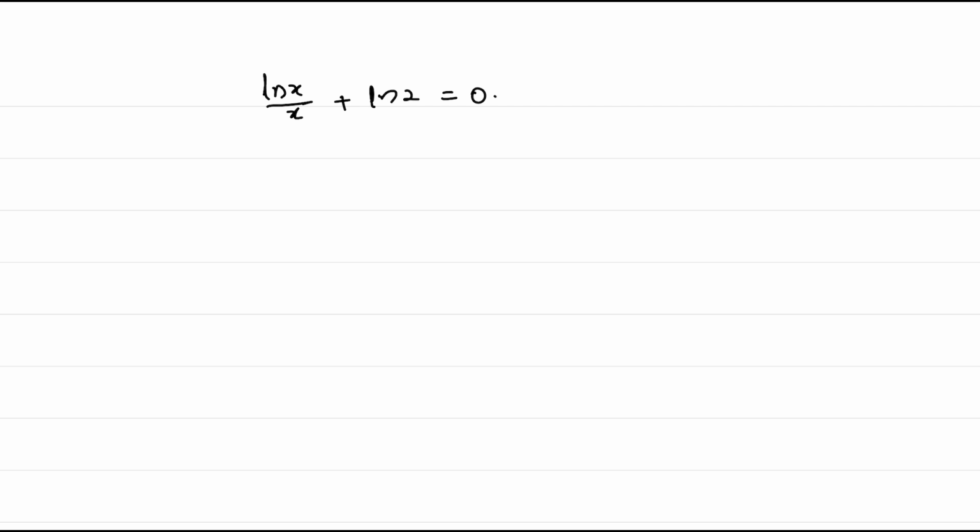If x is equal to 1, ln 1 is 0, 0 by 1 is 0, 0 plus ln 2 is not equal to 0. That is not the solution. If x is equal to 0, ln 0 is minus infinity. It is not defined.